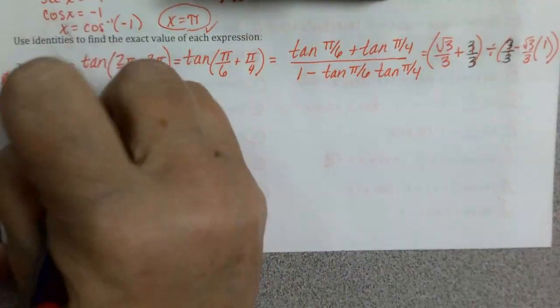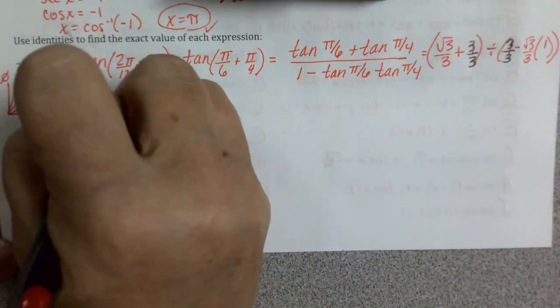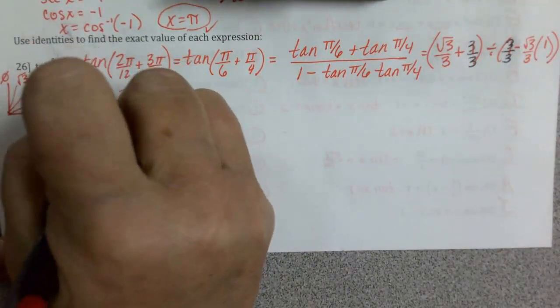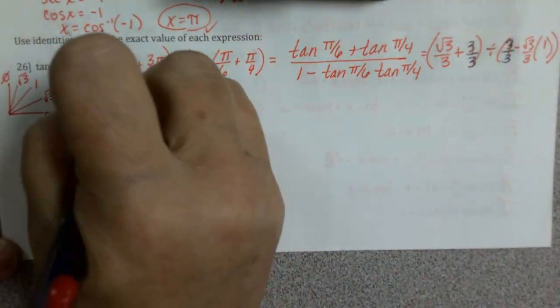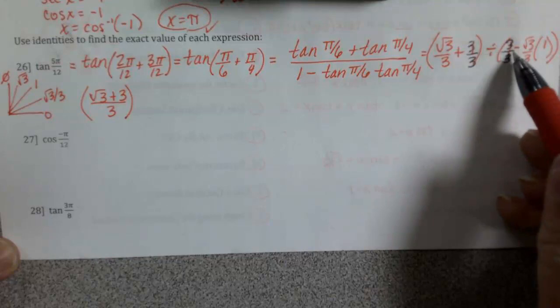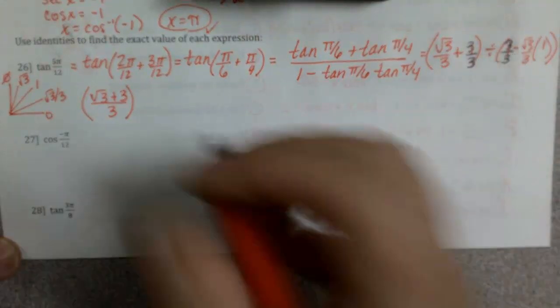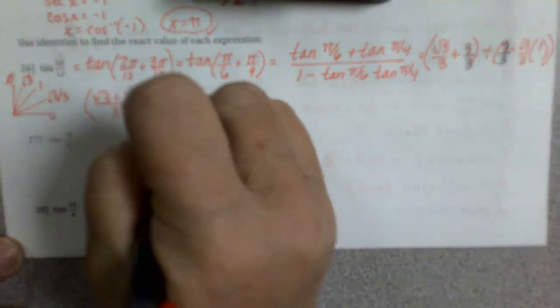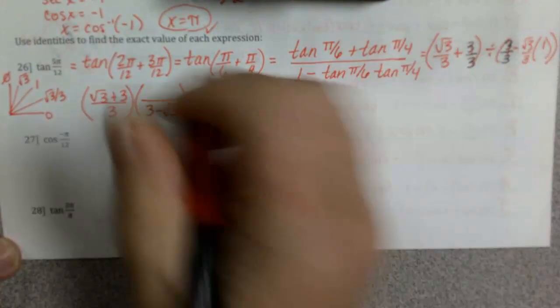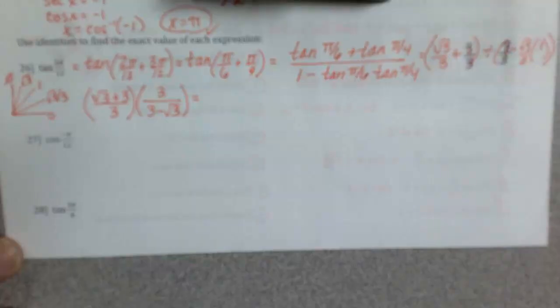So we'll add these fractions to get square root of 3 plus 3, divided by 3. And then dividing by a fraction means to multiply by the reciprocal. So now our numerator goes down here, 3 minus root 3, and then the common denominator goes on the top.